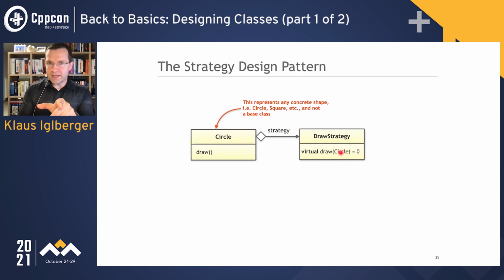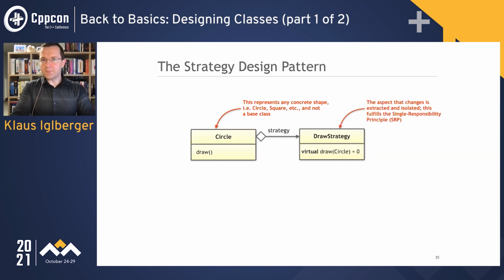But most importantly, now I indeed delegate, because the circle owns the strategy. So this is the owning arrow. The circle may have a pointer, perhaps a unique pointer, to a strategy, and stores that one. And it is given that strategy by means of a constructor or a setter. This is what we call dependency injection.